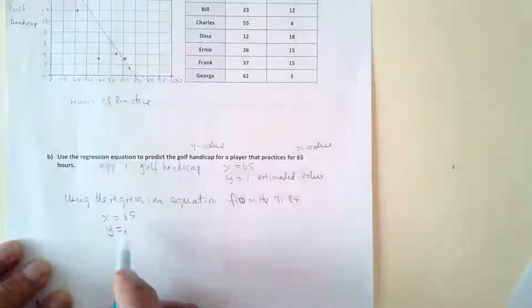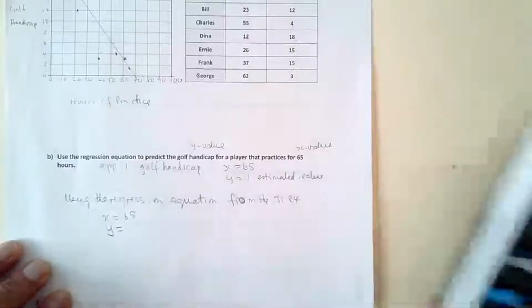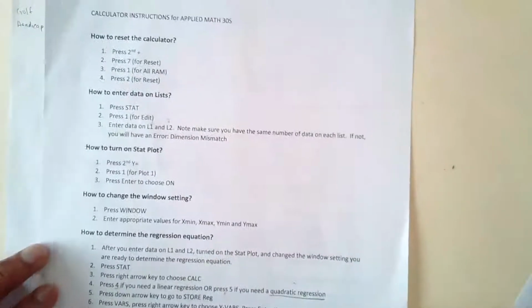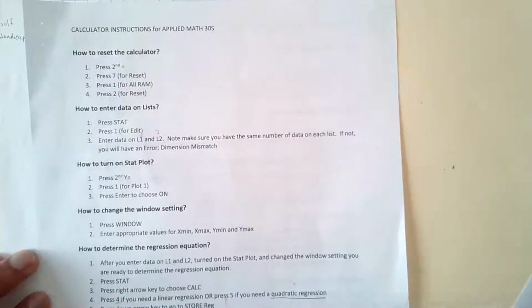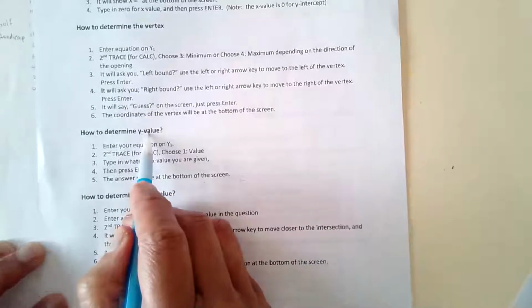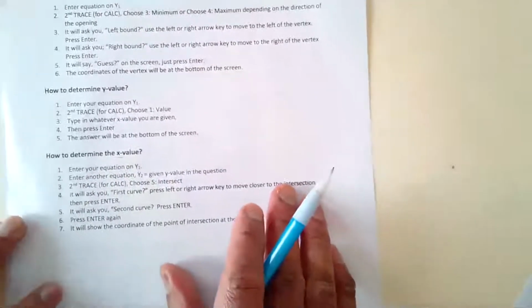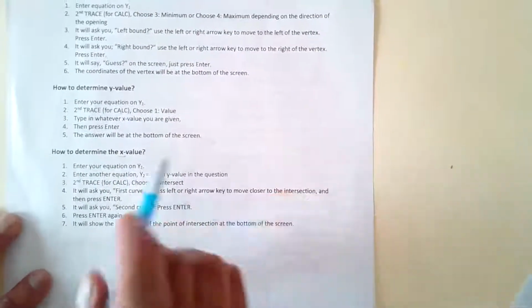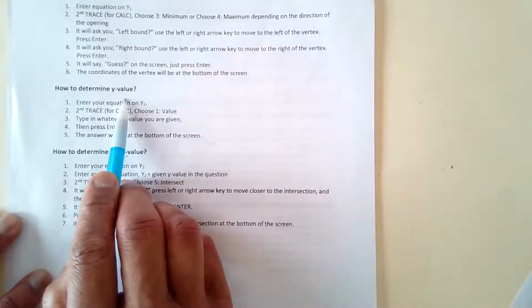What is my y value? Now, this is your sheet here. On the flip side of this is determining the y value. This has a set of instructions for how we find the y value. So what is the y value?